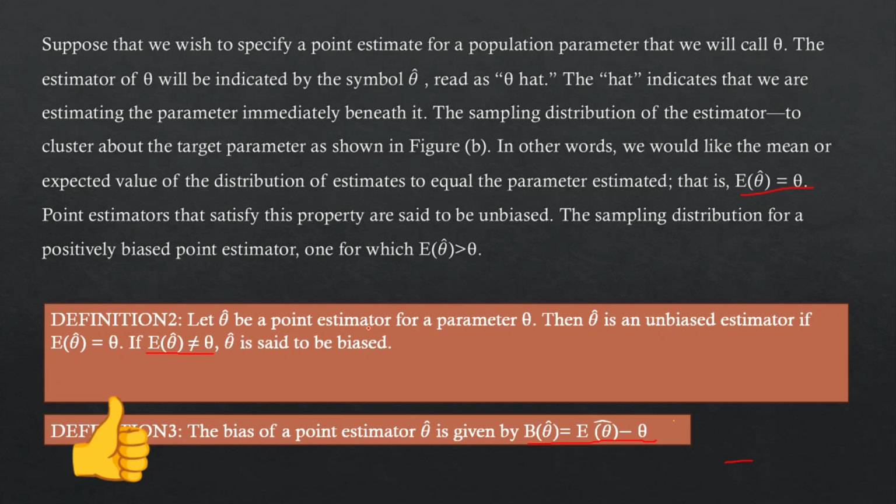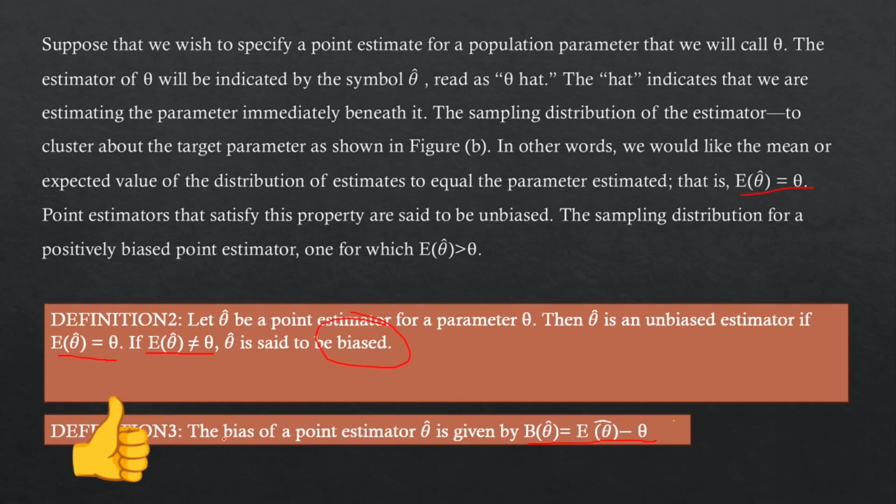We give the definition of biasedness as: let theta hat be a point estimator of parameter theta. Then theta hat is an unbiased estimator if the expectation of theta hat is equal to the target parameter theta. If the expectation of theta hat is not equal to theta, then theta hat is said to be biased.